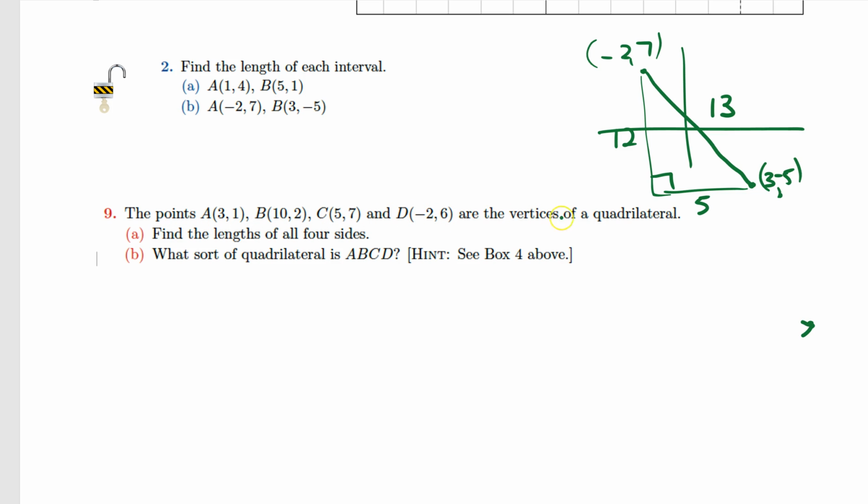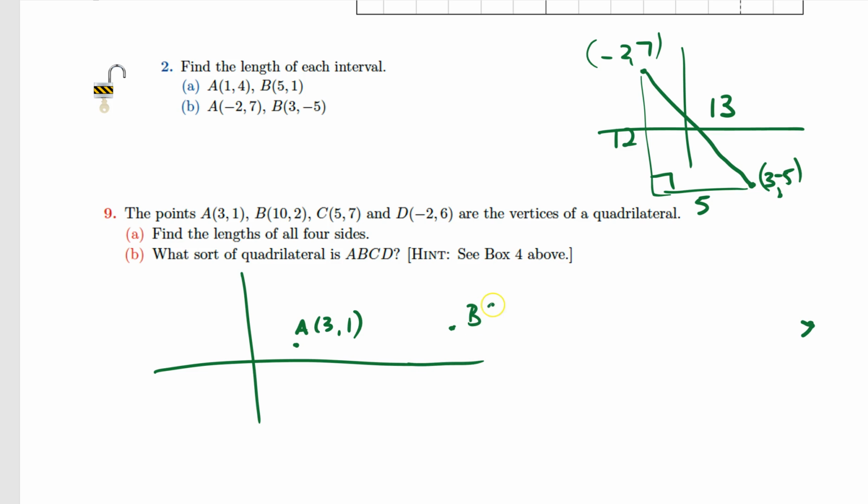The second question here, we've got that these points are the vertices of a quadrilateral, and we want to find the lengths of all 4 sides. So again, it helps me keep track of it. Even on the sort of drawings that I do, I can have a vague idea of the quadrilateral. So point A is 3, 1, so on a very rough scale, that's A. Point B is 10, 2, so a long way further out and not much higher up.